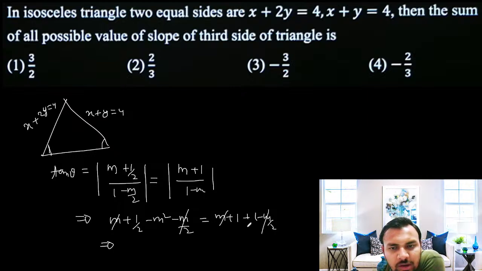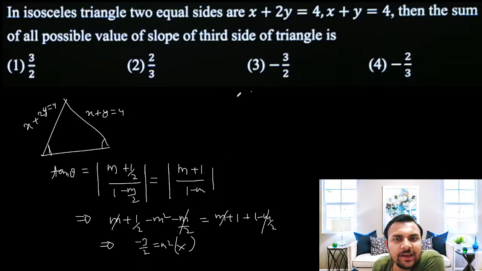It is coming out to be 1 plus 1, 2, and minus 3 by 2 equal to m square, which is not possible. So the plus sign is not possible, we are going with minus.